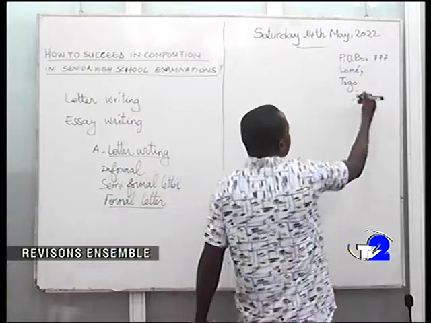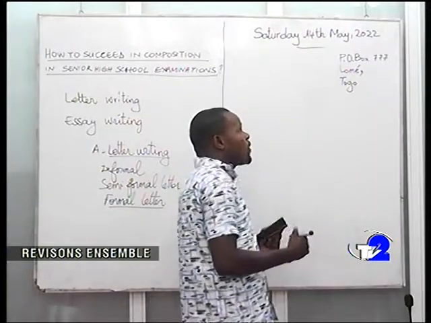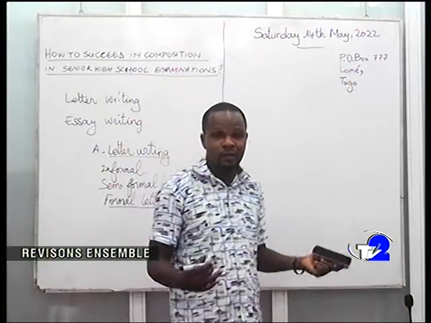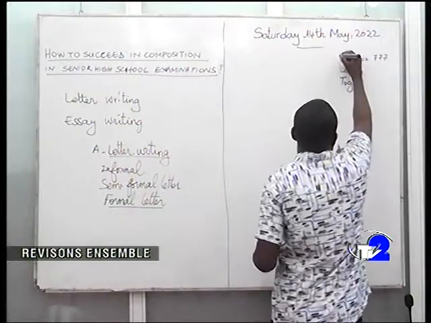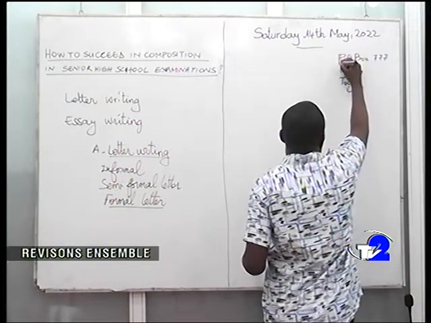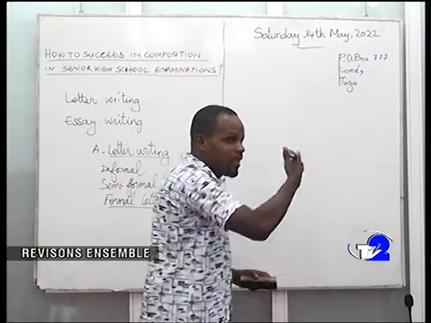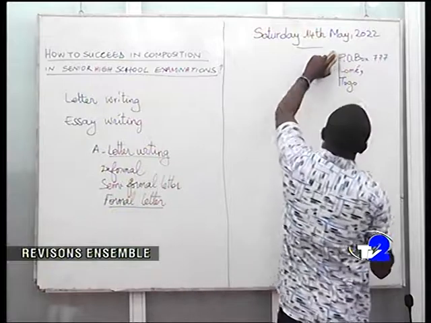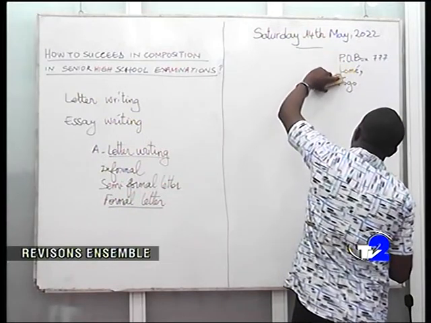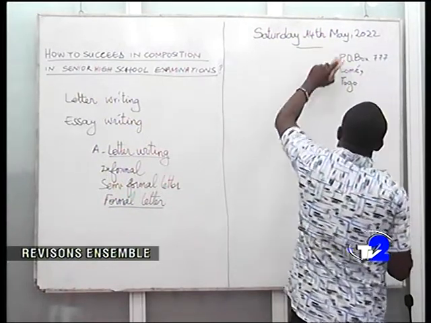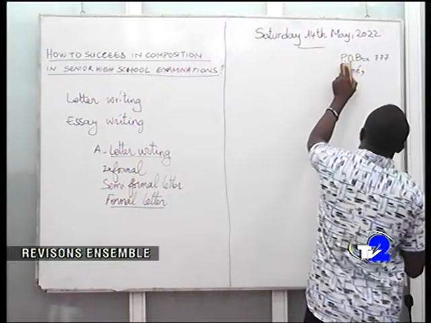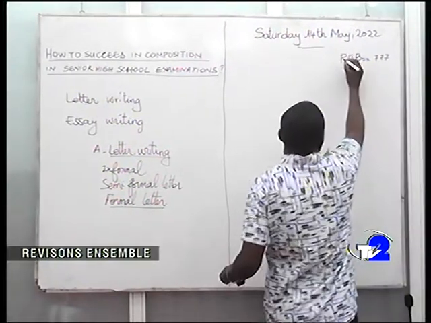Now we have two ways of writing an address. You can write it like this, where all the first letters line up. We call it a block address. Or you can also write it slanted.